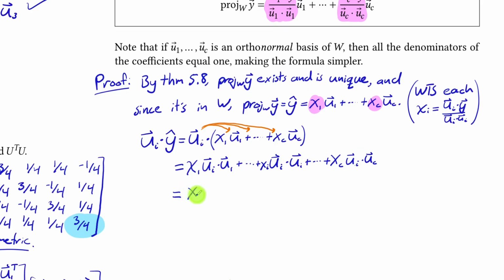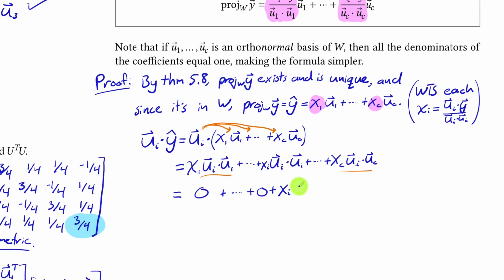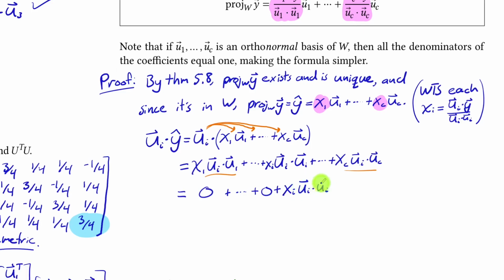So this is going to be x1 times 0. All of these are going to be 0 except for ui dot ui, because it is an orthogonal list. And what is ui dot ui? Well, if it's orthonormal, it would be 1. Otherwise, whatever it is, it's the length of ui squared.